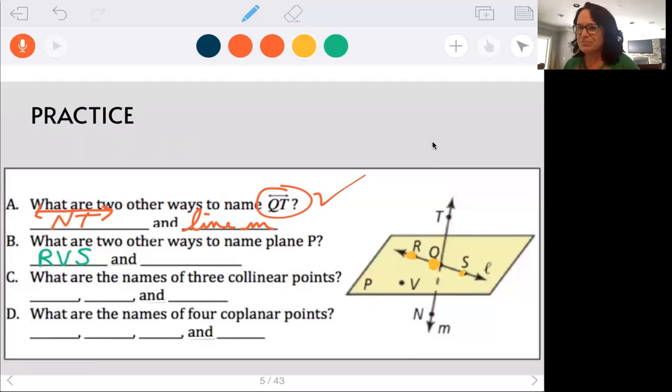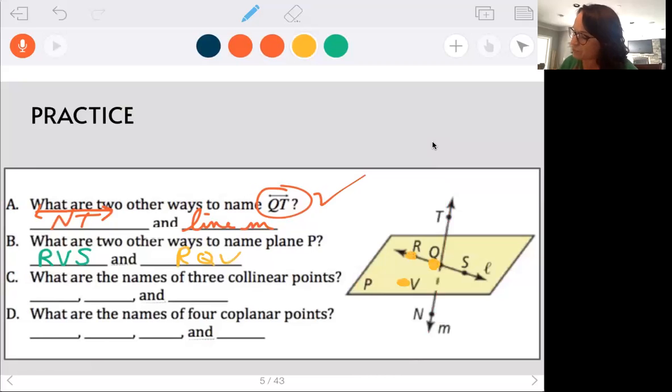But for now, I'm going to keep this first Edpuzzle really easy. And the answer is because they have to be non-collinear points. So let's take S off of there and let's choose B instead. Okay, so I could also call this R, Q, V. And I can put any 3 in any order.